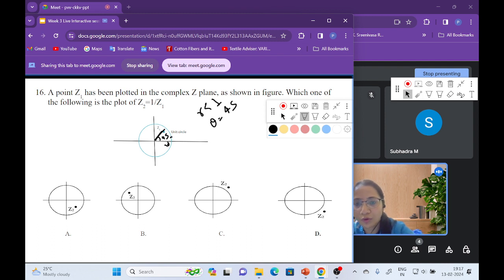Okay. So what will be the Z2? Z2 is equal to 1 by Z1. So in order to find out, let's say Z1 has mod of R and angle is 45 degree.